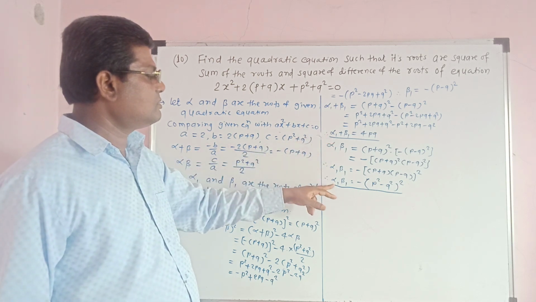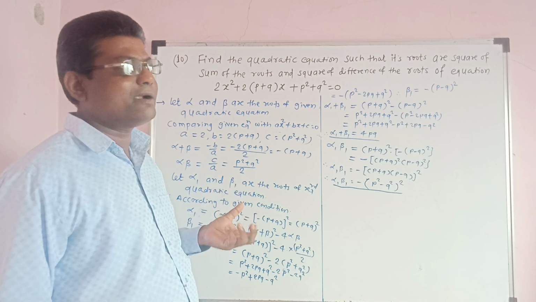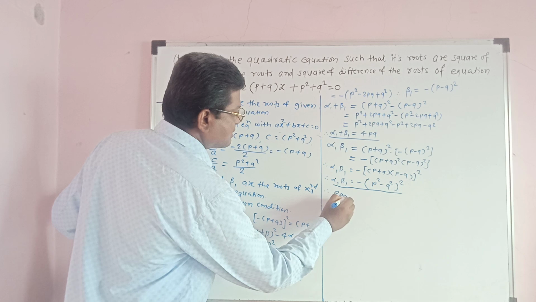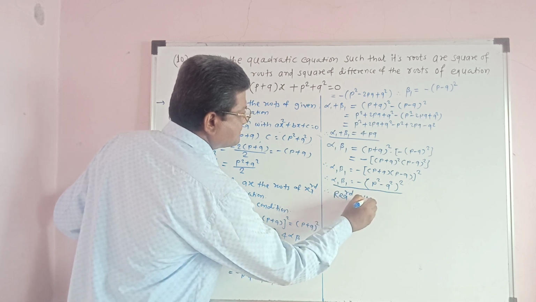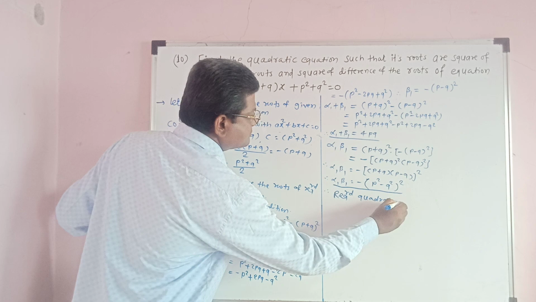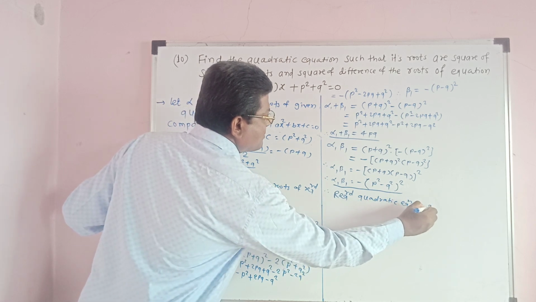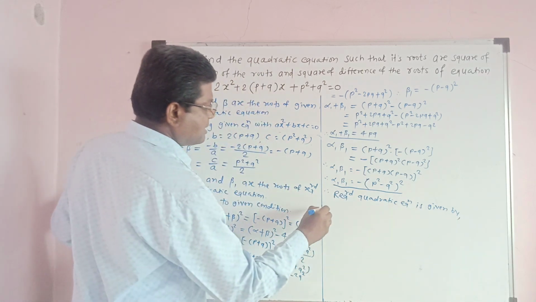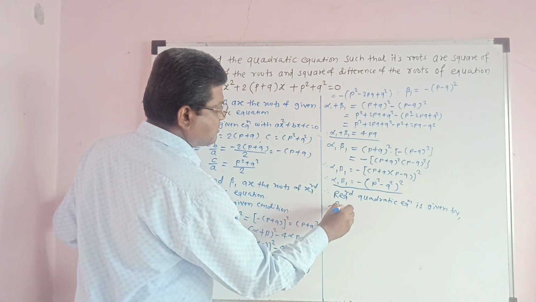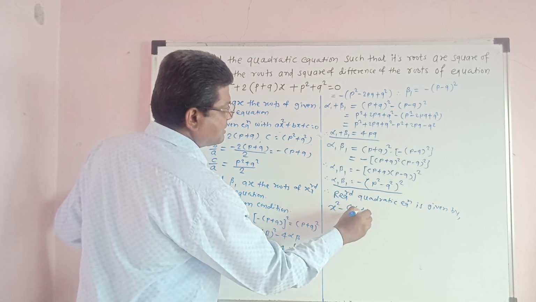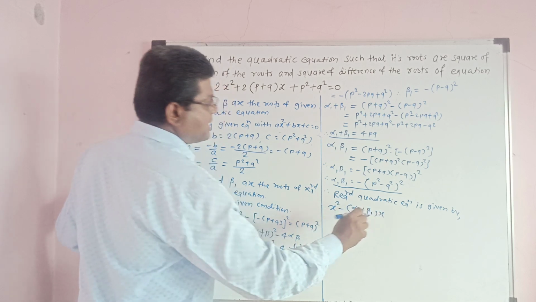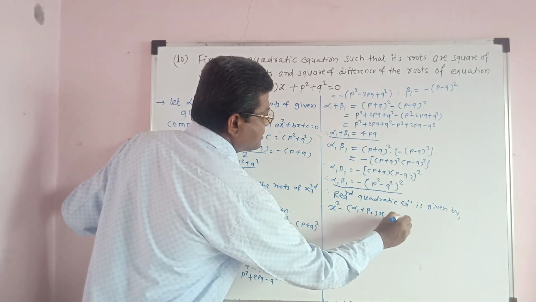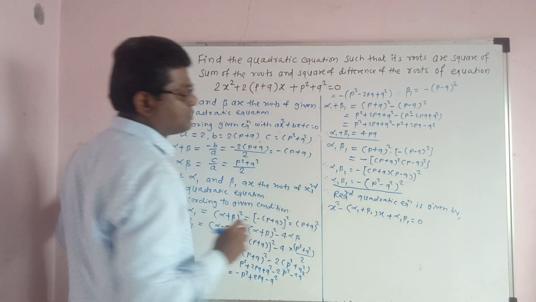Now using these two terms, form the required quadratic equation. The required quadratic equation is given by x square minus in bracket alpha 1 plus beta 1 into x, plus alpha 1 into beta 1 is equal to 0.